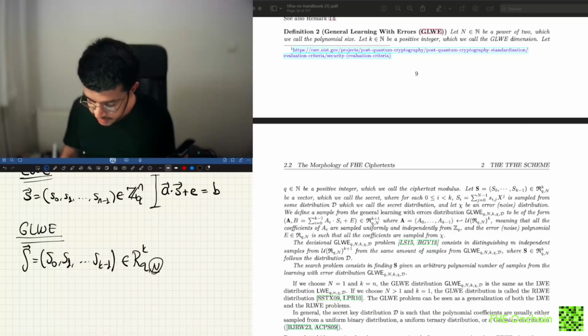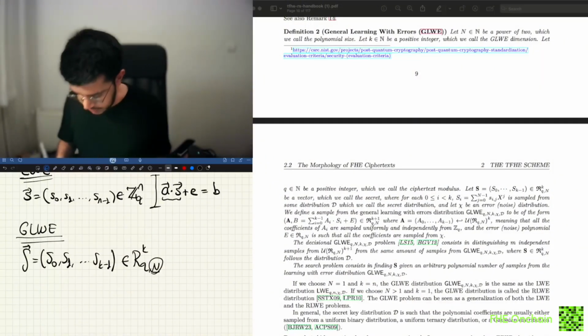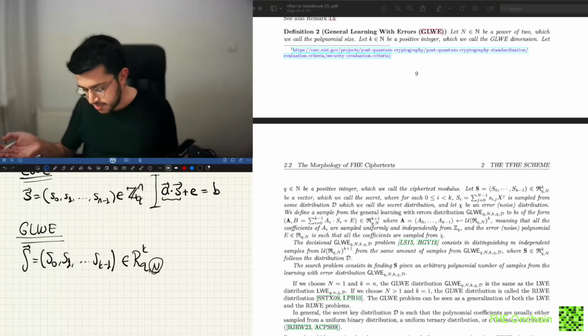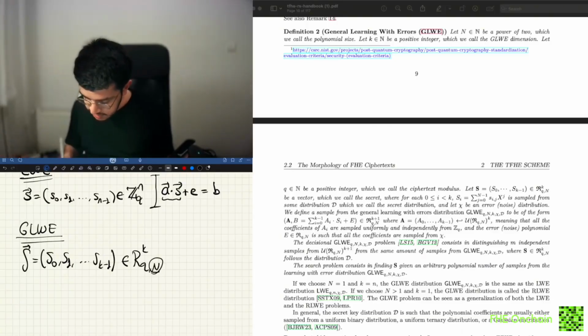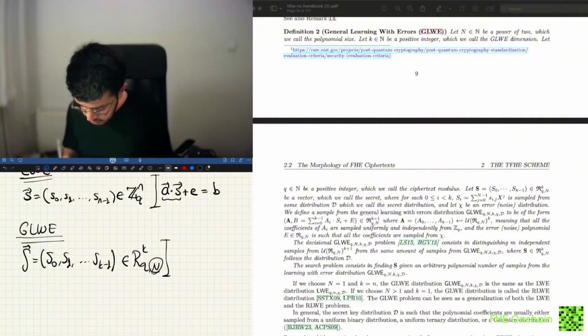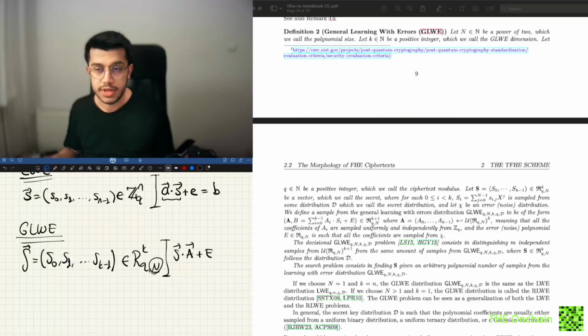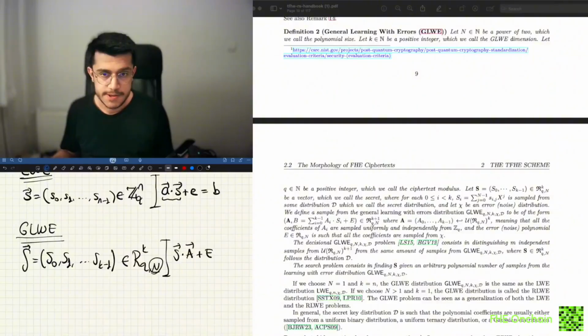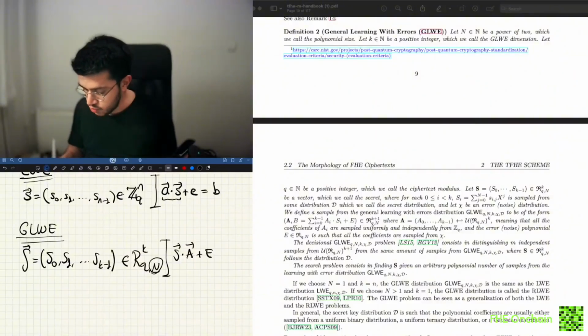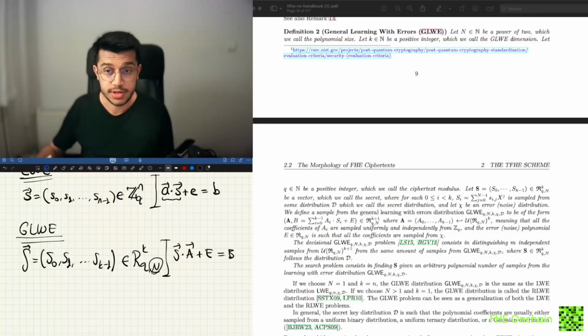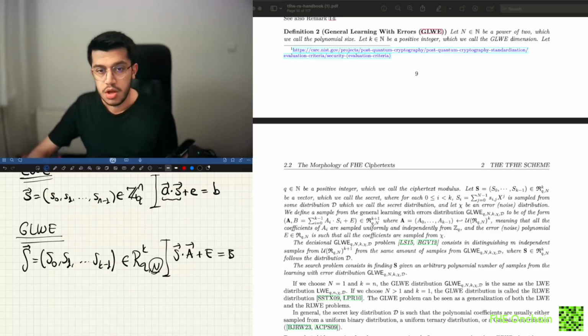This is obviously a number, because the output of this dot product will be just a regular number. But in the GLWE setup, we're taking a dot product of two polynomial vectors and adding a polynomial noise. So at the end, we have another polynomial.